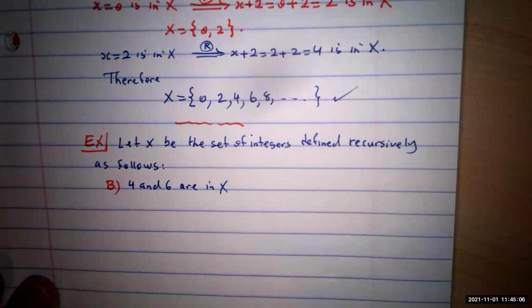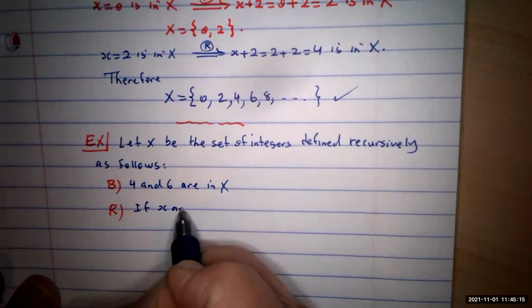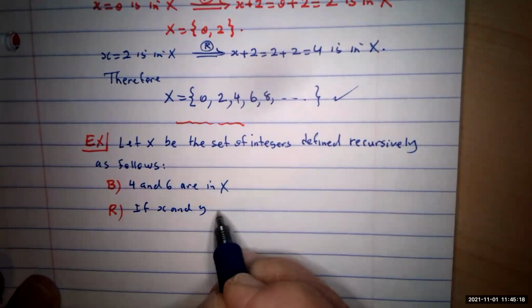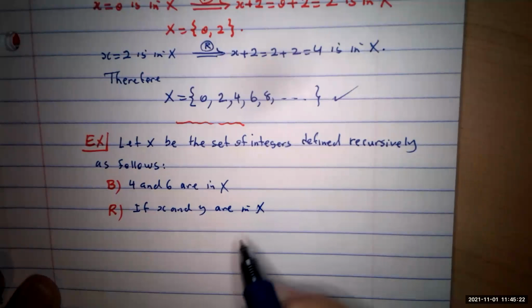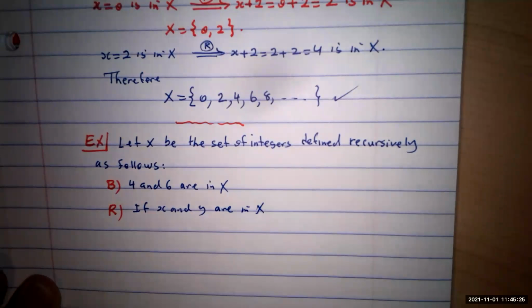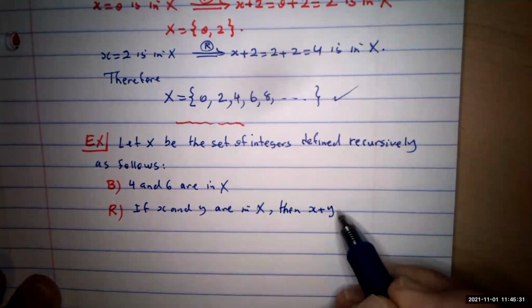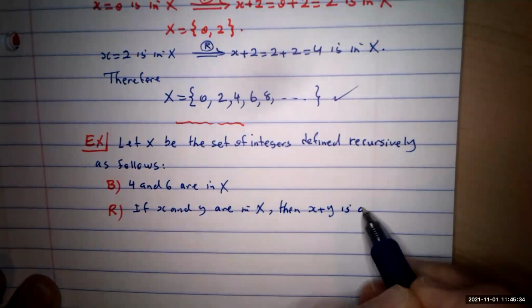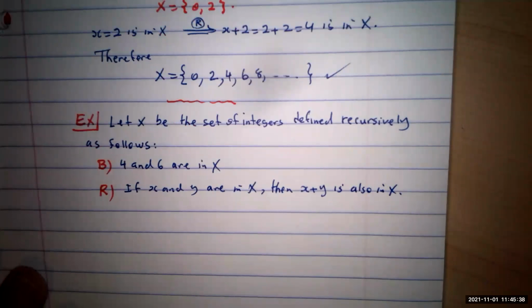Now what's the machine formula? The formula is this one. If X and Y are in X, then X plus Y is also in X. Okay, 2 elements.